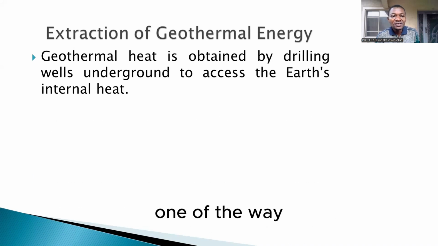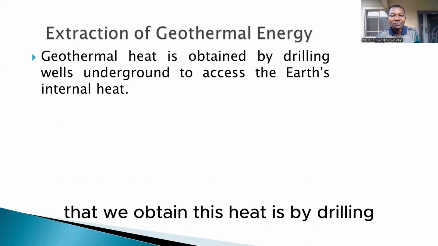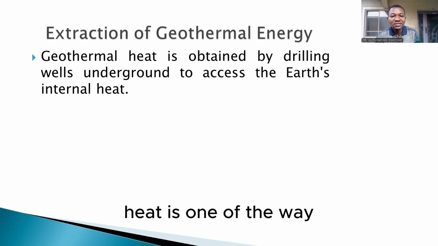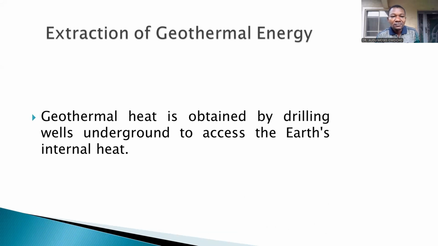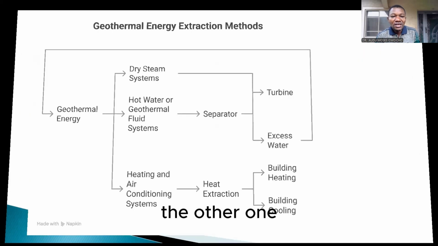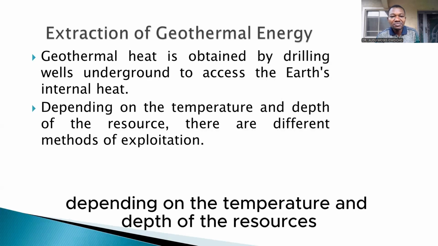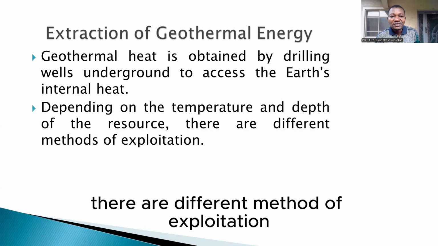One of the ways that we obtain this heat is by drilling a well underground to access the earth internal heat. Depending on the temperature and depth of the resources, there are different methods of exploitation.